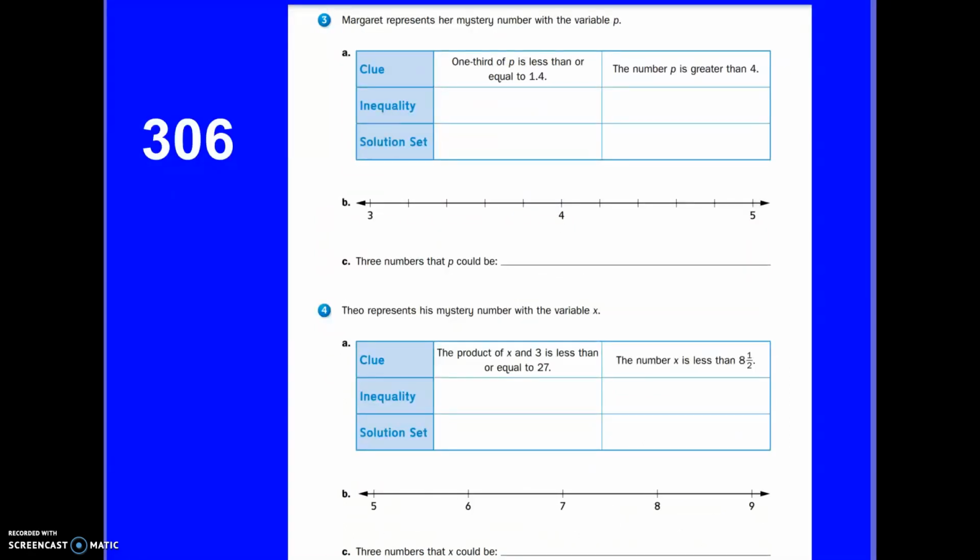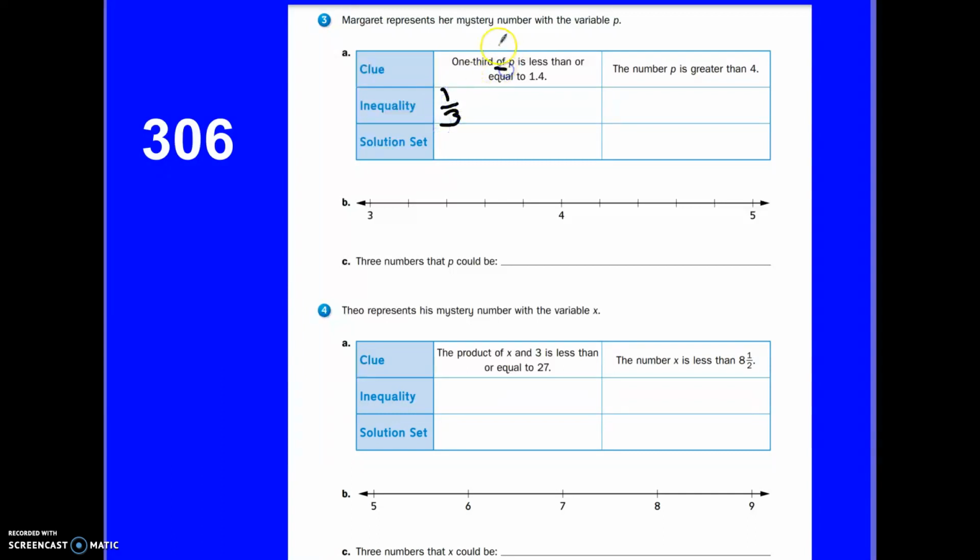All right, so on Math Journal 306, we have Margaret represents her mystery number with the variable p. Okay, so the clue says 1/3 of p is less than or equal to 1.4. So 1/3 of p, I'm going to write my 1/3.